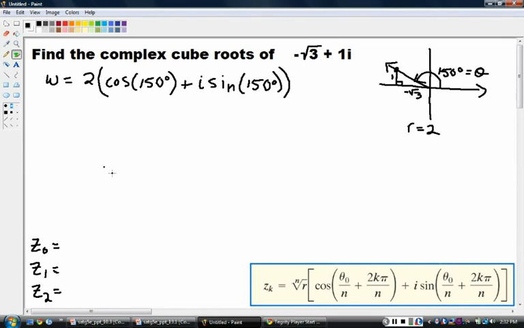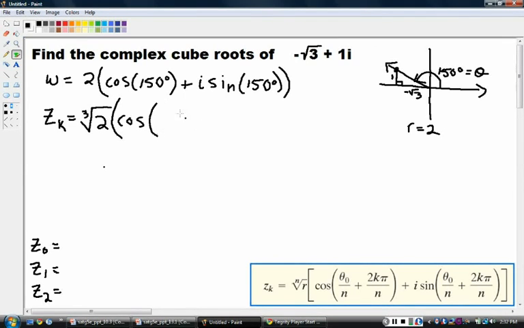So we'll go ahead and apply the theorem, and then we'll take it from there. I'm going to copy down the theorem and fill in what I know. My roots are given by, okay, the first part, the nth root of r. We're taking cube roots, that's the cube root of r, and for our example, r is 2. Cosine.